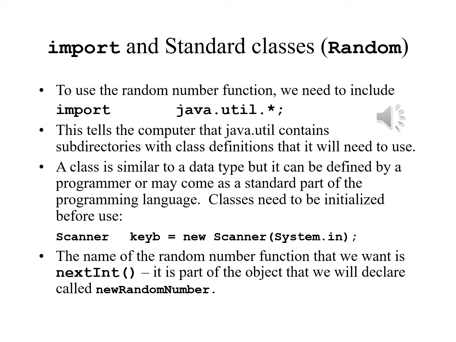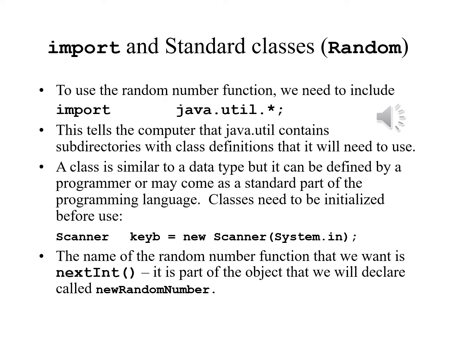We'll now import java.util.*, replacing the word Scanner with an asterisk and a semicolon, which means that we will make available to us all the class definitions in all the subdirectories that are part of util. This is going to be a little bit more convenient for our purposes here.